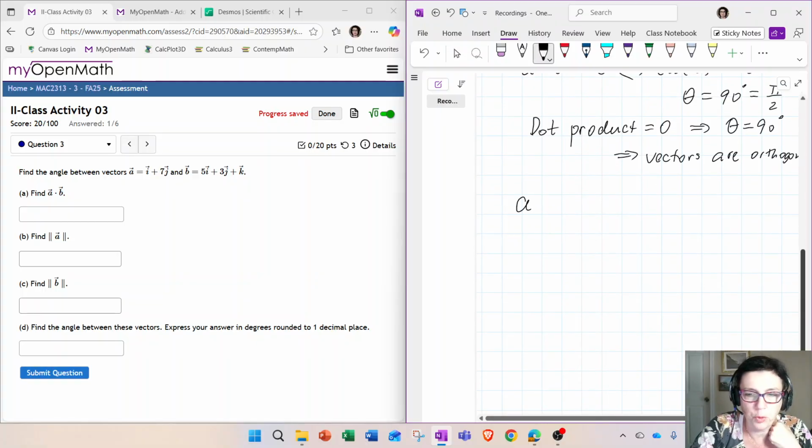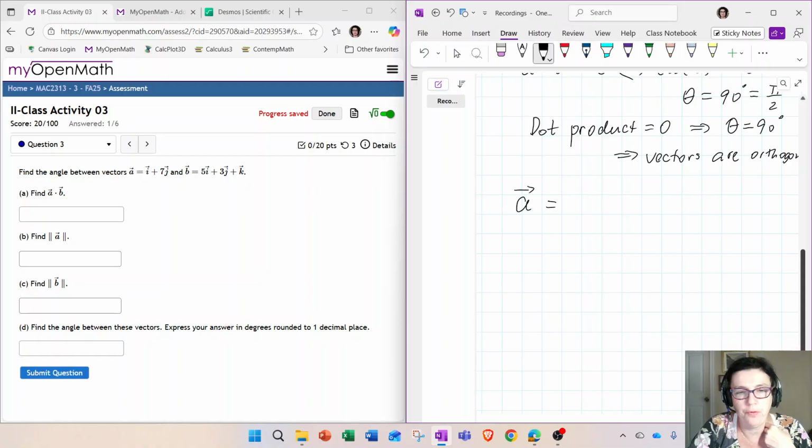I like the component form. So I am going to transform this form to a component form. But this is something that you have to be very much aware of, because this happens in a lot of tests. Whenever you have a missing standard unit vector, like for example, k is missing or j is missing, you need to understand that that corresponding component will be 0.